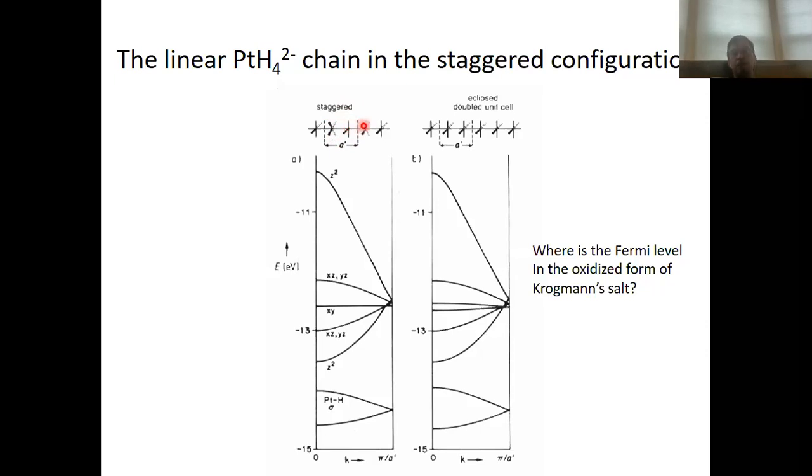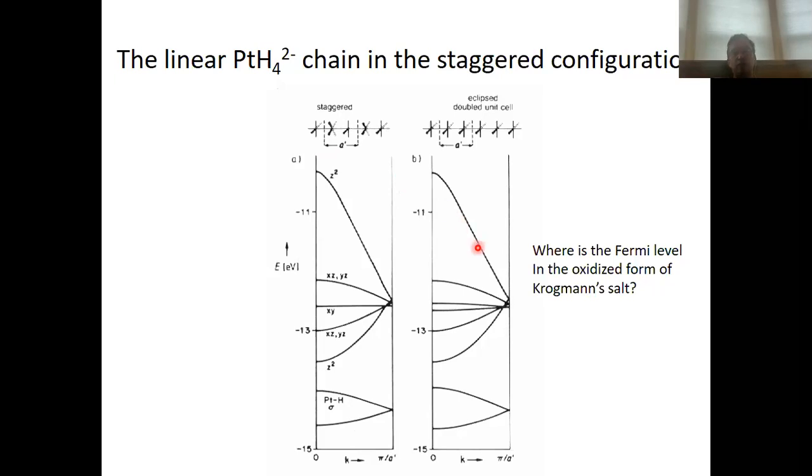Okay, so you see here the folded band for the eclipsed conformation, and you see here the folded band for the staggered conformation. So you see that the differences between these are minimal.